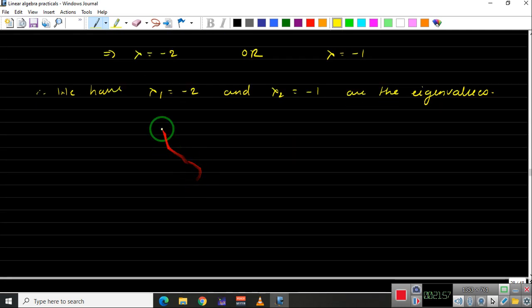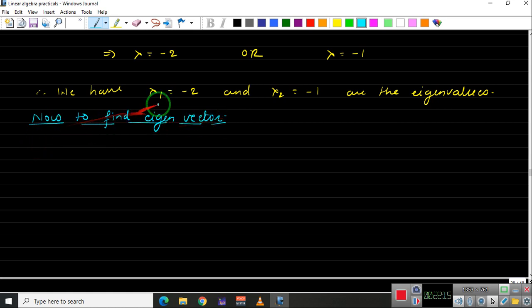So let's now find the eigenvector. Let us take lambda 1 equal to minus 2. Now we need to find a non-zero vector x bar such that A x bar is equal to lambda x bar.